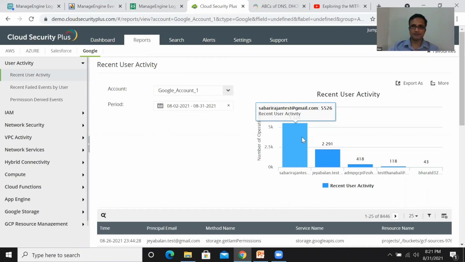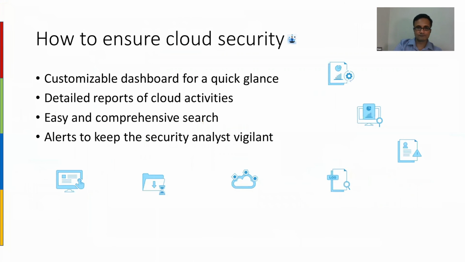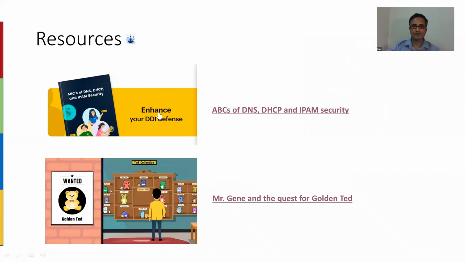Very, very critical capability to have. You need to monitor your cloud infrastructure at all times. So yes, you've got to have your reports in place and you've got to monitor your cloud in real time.